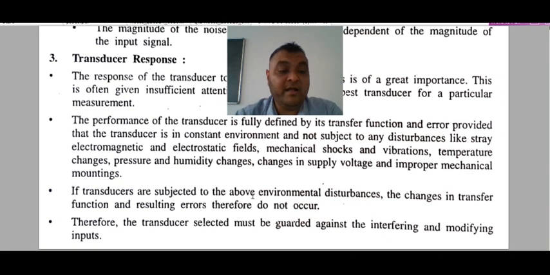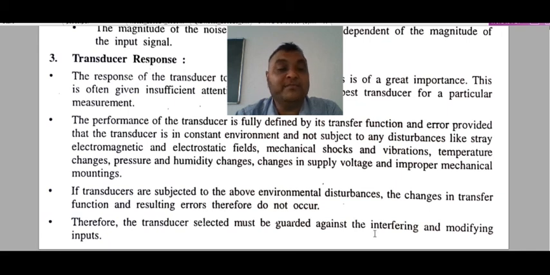Now if transducers are subjected to the above environmental disturbances, changes in transfer function and resulting errors occur, and therefore the transducer selected must be guarded against interfering and modifying inputs.